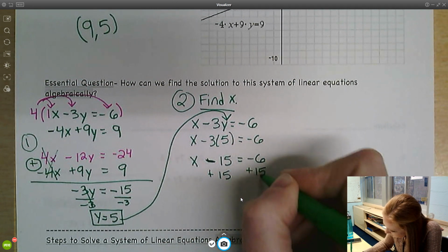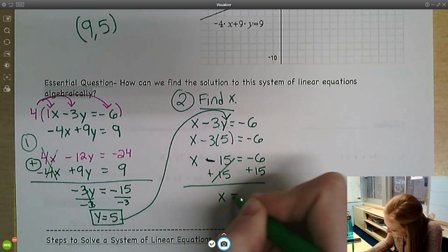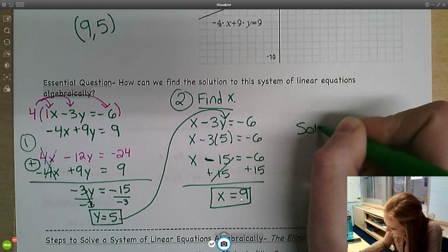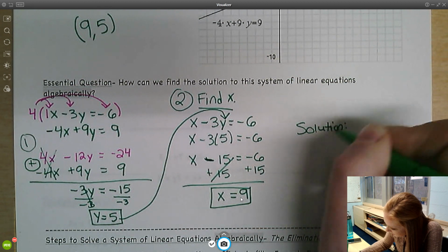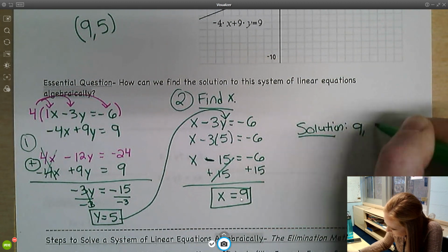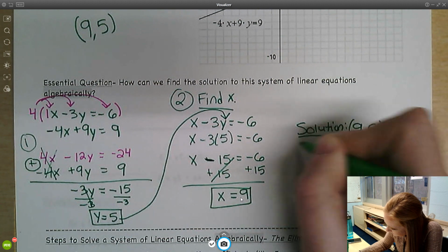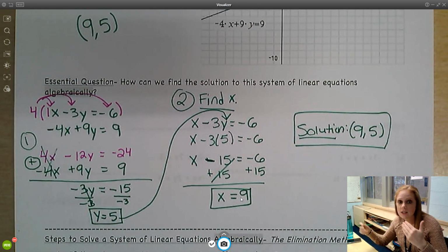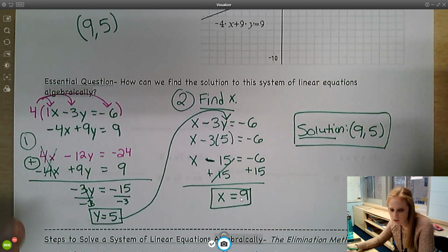Add 15 to both sides. X equals positive 9. So our solution is x comma y, 9 comma 5, which is what we found graphically as well. Just another strategy to solve systems of linear equations.